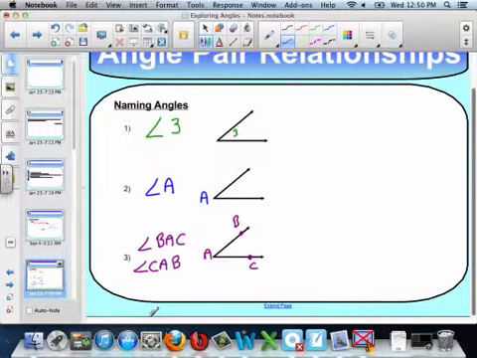In this figure, yes, that's the same angle. It doesn't flip it. It doesn't really matter which order you go in, but the most important piece is the vertex is in the middle. Okay, so now we're going from C to A to B. It doesn't flip the angle. It's just the same angle. All right. So before we go farther, any questions on naming angles?